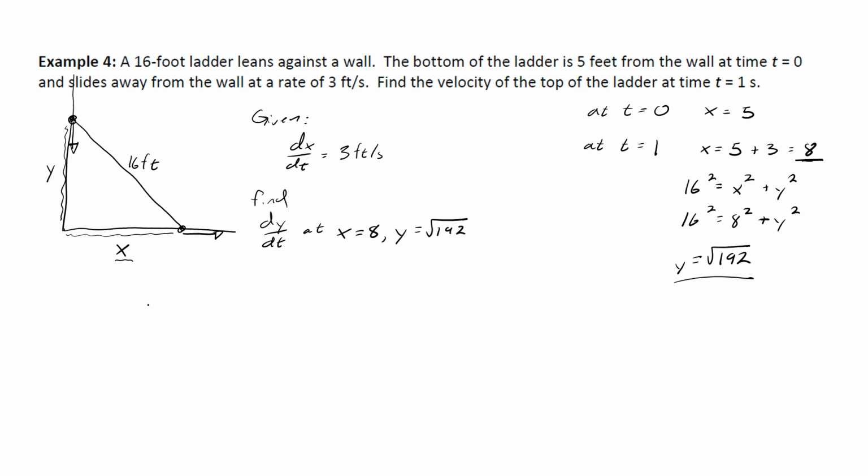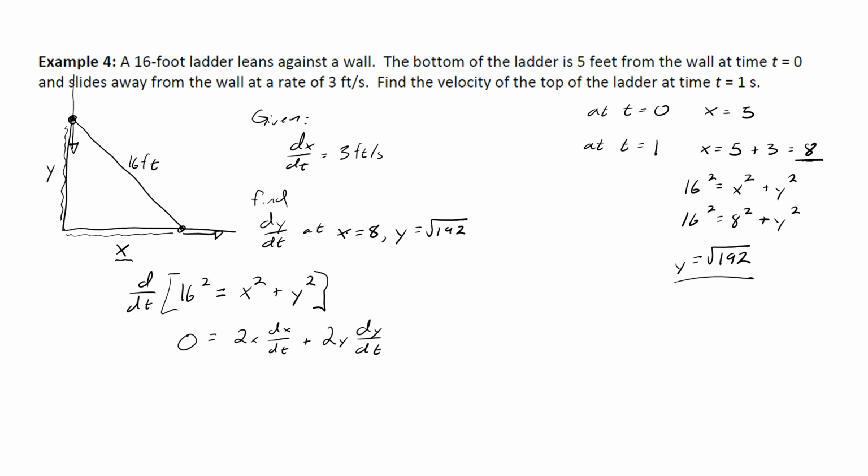Right, and the nice thing is I actually know that I need an x and a y because of what my equation looks like. I know that the relationship between these is 16 squared is equal to x squared plus y squared. And I know when I take the derivative of this expression with respect to t, I'm going to end up with 0 is equal to 2x dx dt plus 2y dy dt.